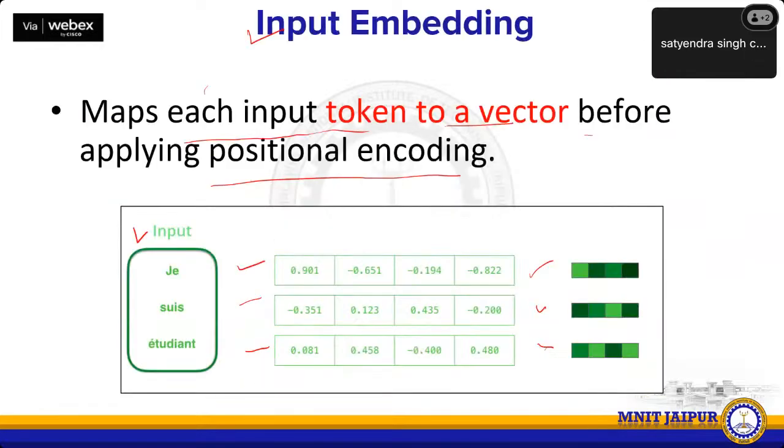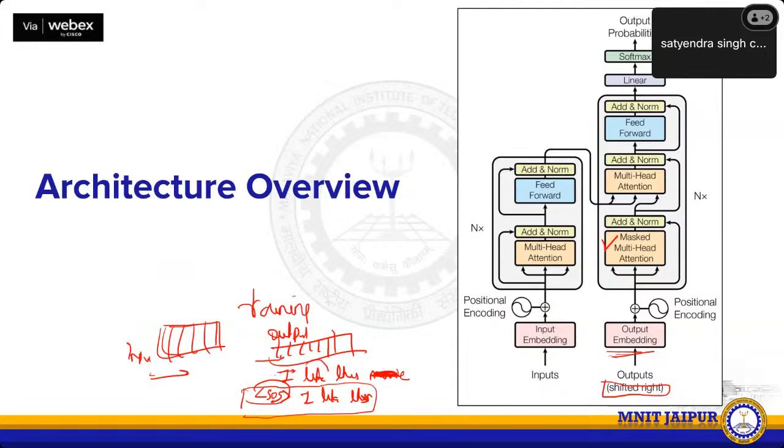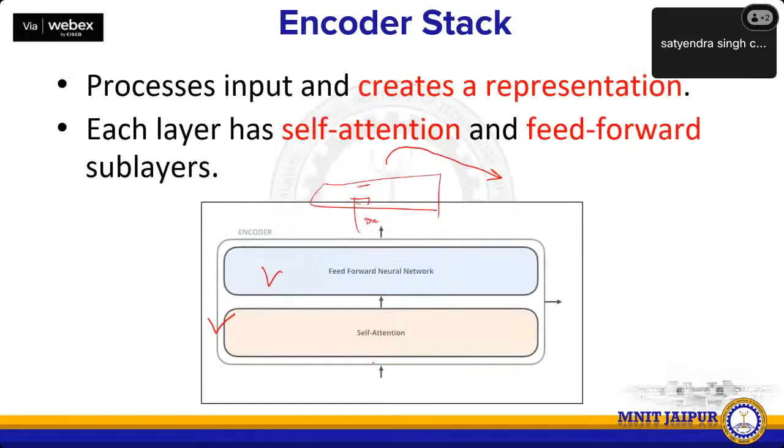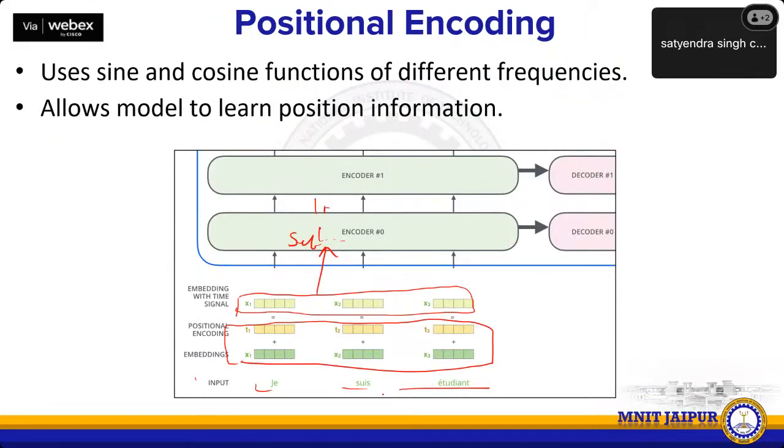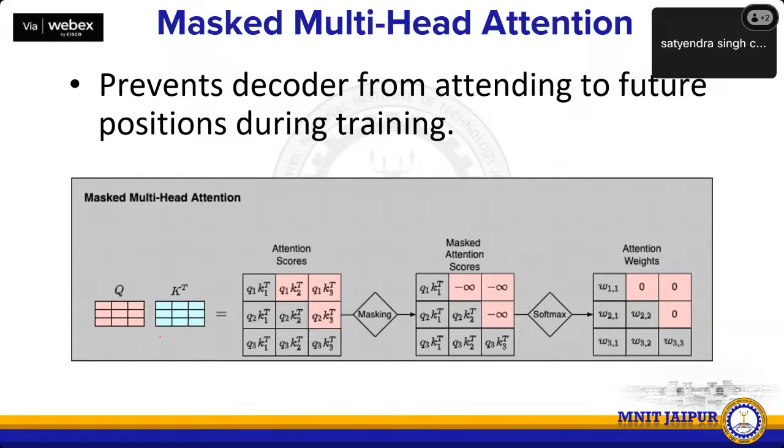Mask means that when it is generating, it should only depend on the previous outputs, like "I". Future output tokens are masked using an infinity value. So in the decoder we use masked multi-head attention to ensure auto-regressive generation.